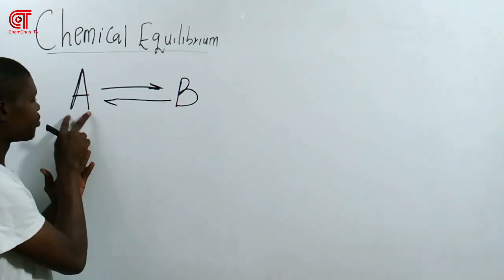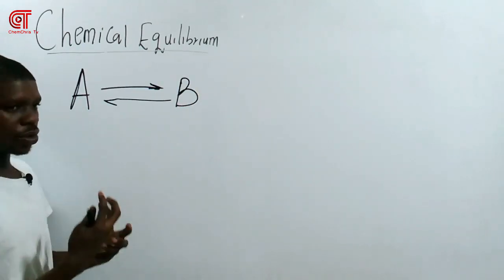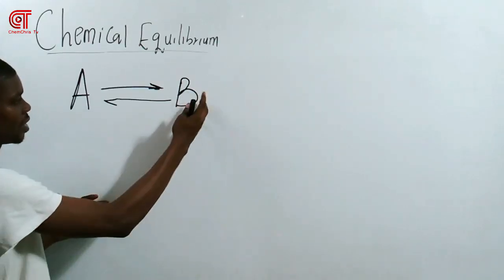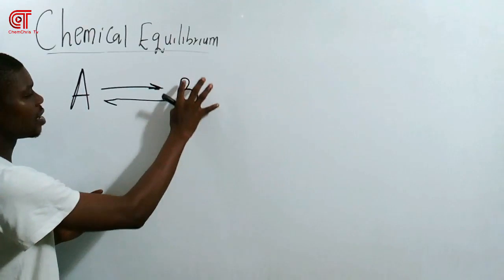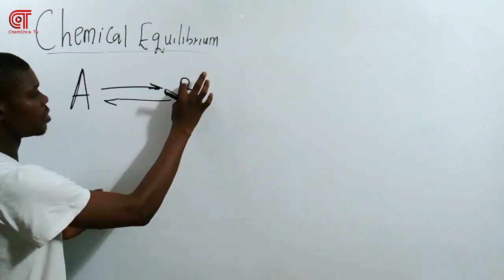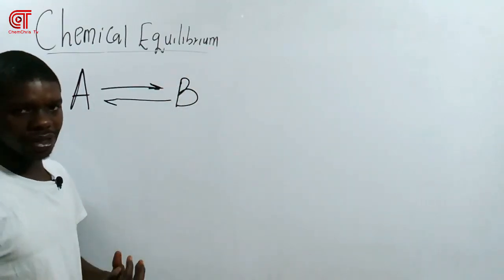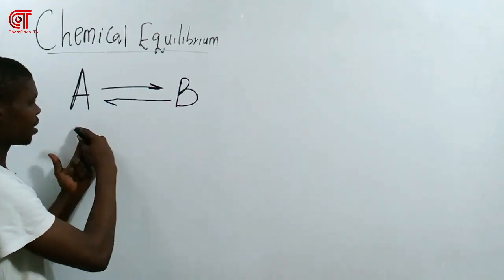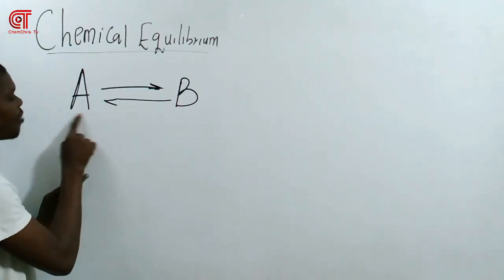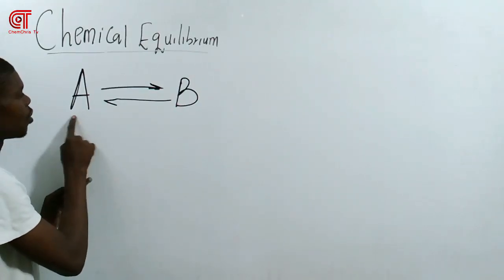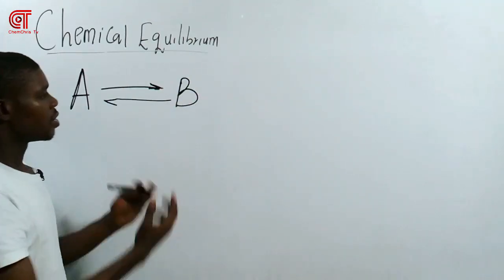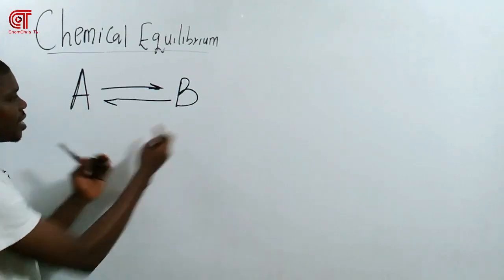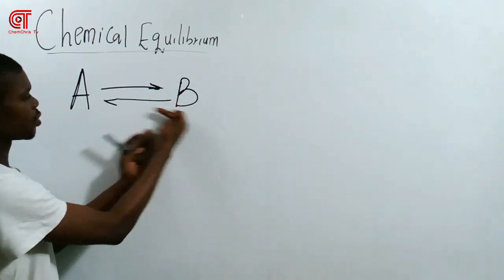As the reactant is decomposing to produce B, it will get to a stage where B will also start decomposing to produce back the A. So at first we have more of the rate of A producing B. Then as A is decreasing, the rate also increases to produce the reverse.